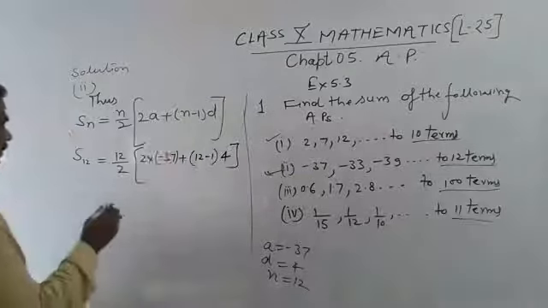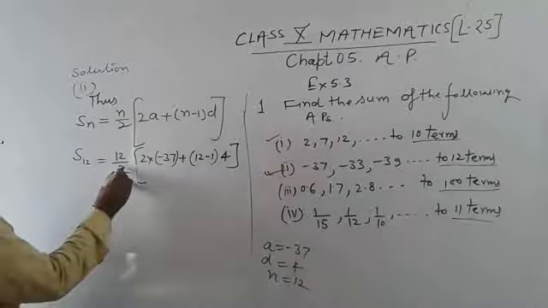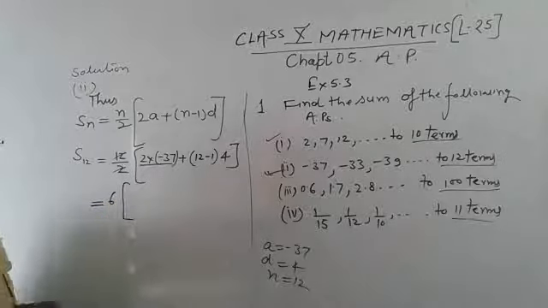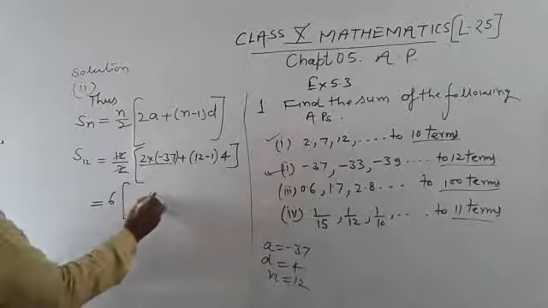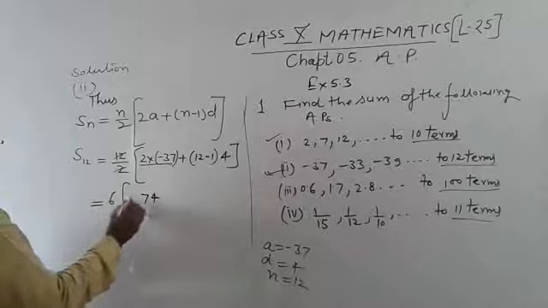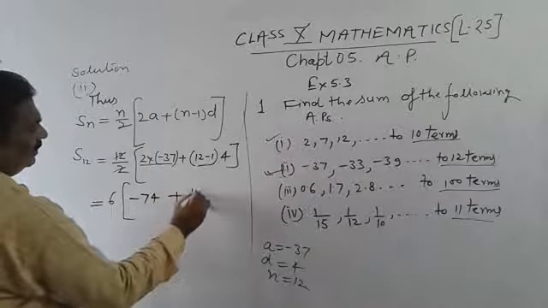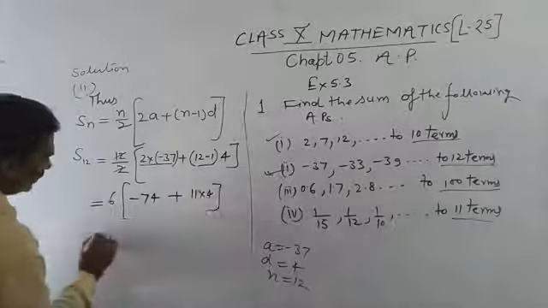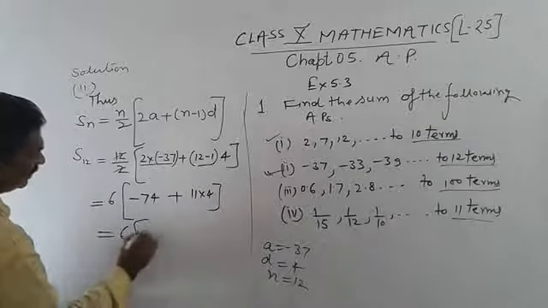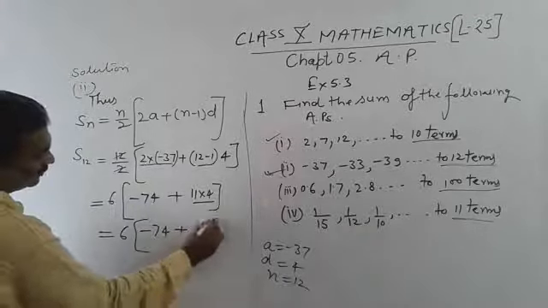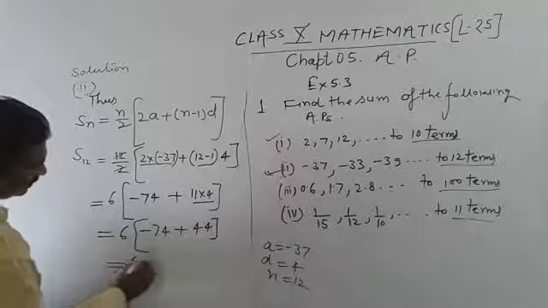Now see here, 12 divided by 2 is 6, and 2 times 37 is minus 74. Now here it becomes 11 into 4. So 6 under bracket minus 74 plus 11 times 4, which is 44.